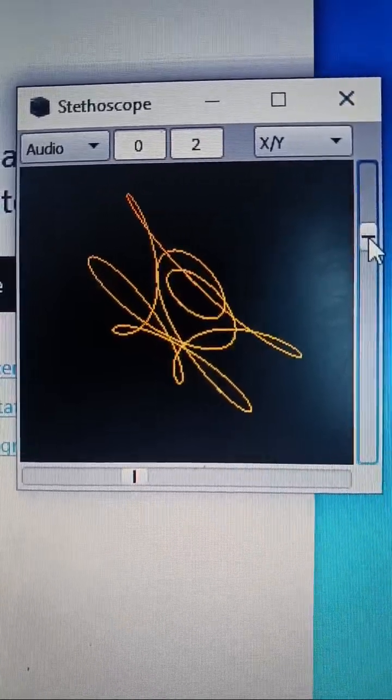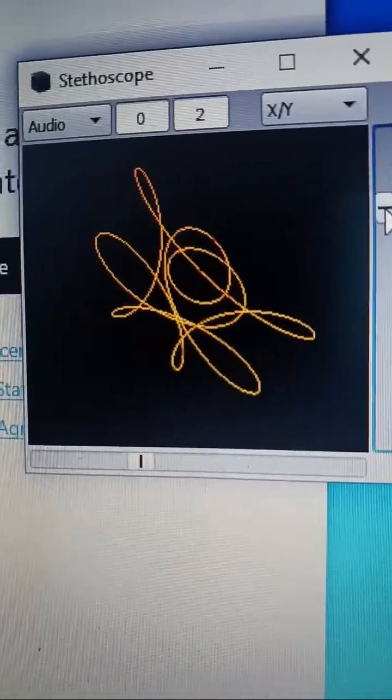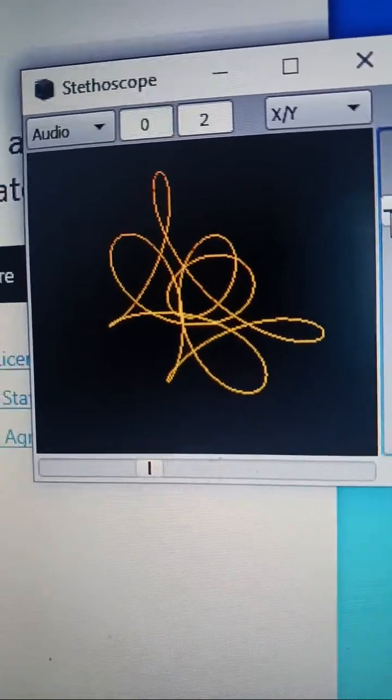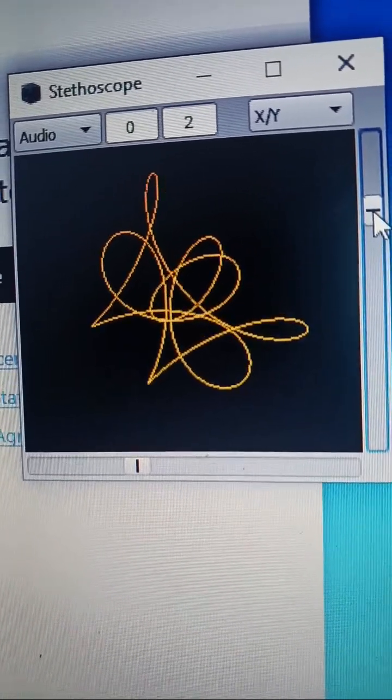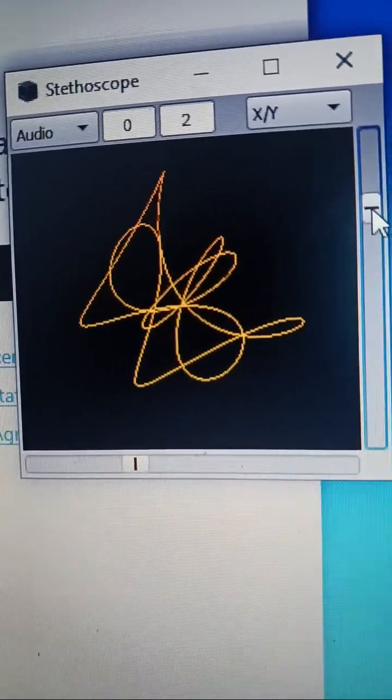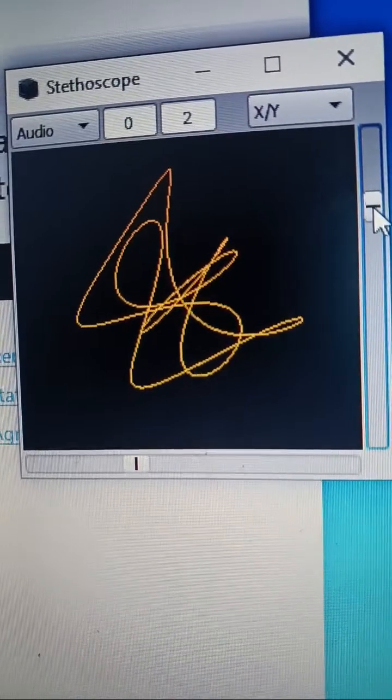So beautiful, though. Come on. It's like orchids or something. Look at that. Bilaterally symmetrical. Almost. But not quite.